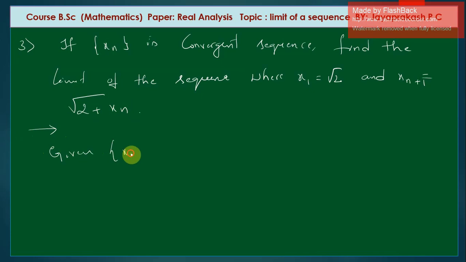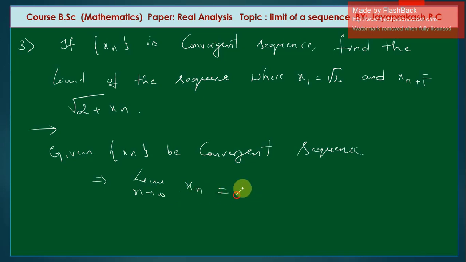Given that the sequence xn is a convergent sequence, it implies that the limit as n tends to infinity of xn is equal to L. Since xn converges, xn plus 1 also converges to the same limit.